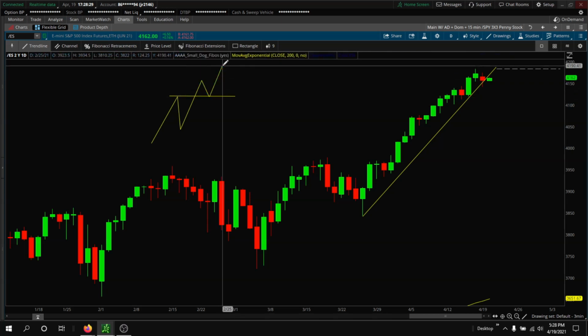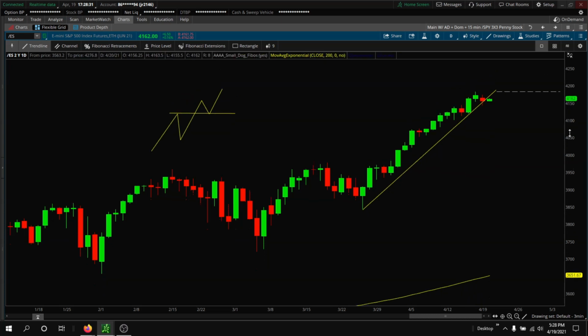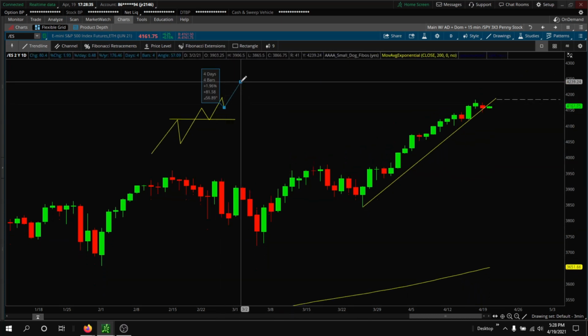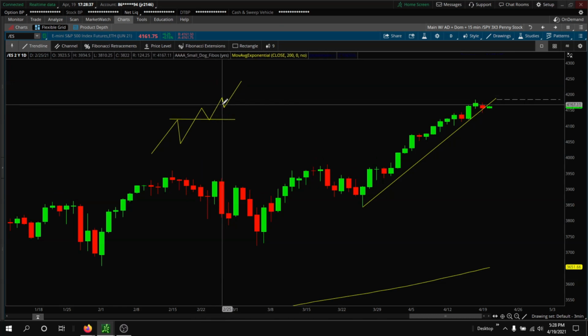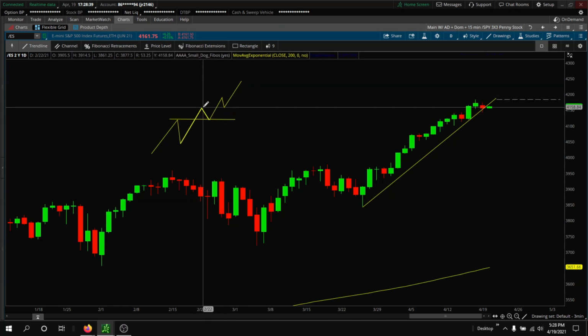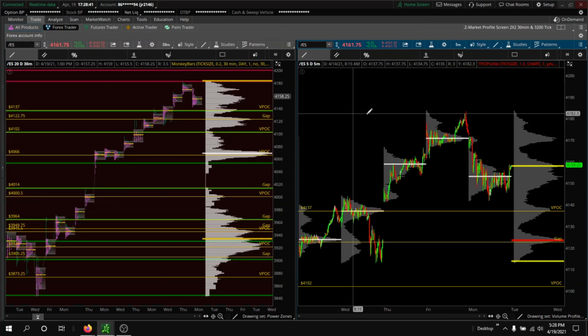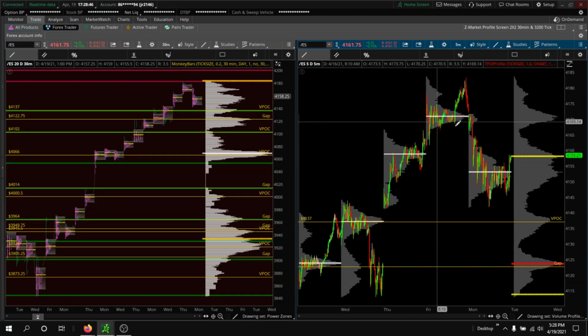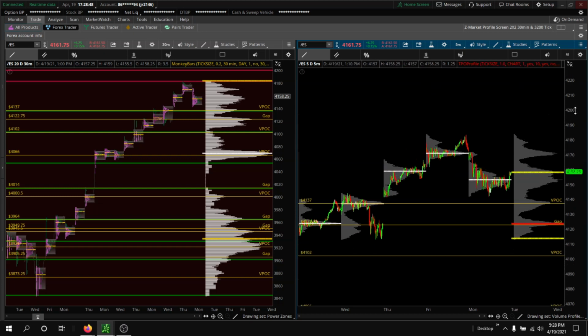Even on the breakout, it's the same logic: you want price to keep coming back down. This is a very healthy market. It's retesting the breakout. So with the VPOCs, you want to retest as you're working your way up.